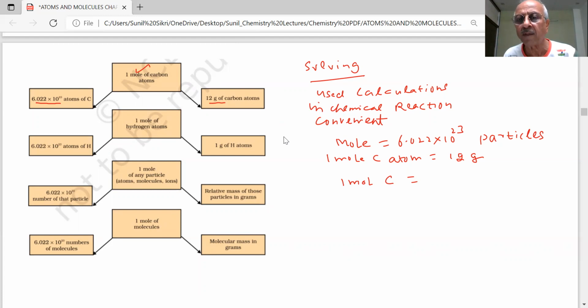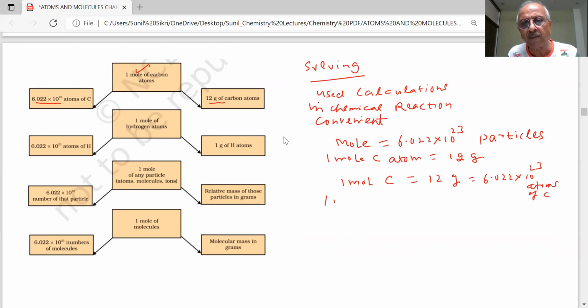How many grams will it be? 12 grams. How many atoms will be there in this? 6.022 × 10^23 atoms of carbon. Now you can see a very large number of atoms are there in 12 grams of carbon powder.